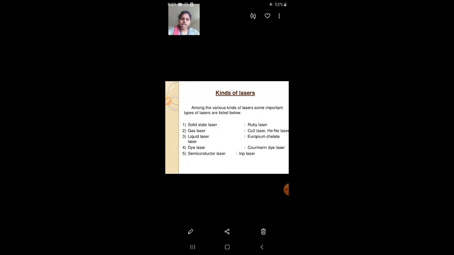Third, liquid laser; the example is europium chelate. Fourth, dye laser; the example is the coumarin dye laser. Fifth, semiconductor laser; the example is the InP laser. We will discuss here only the ruby laser and the helium neon laser.